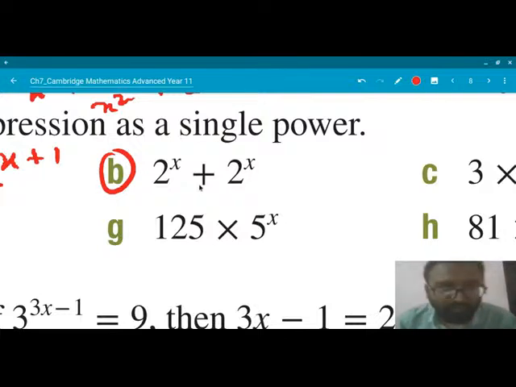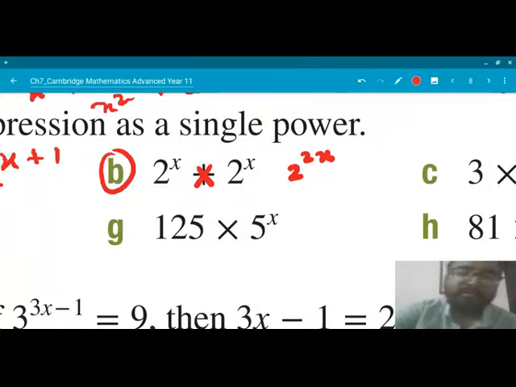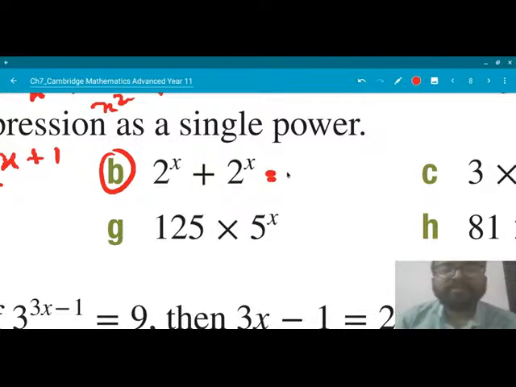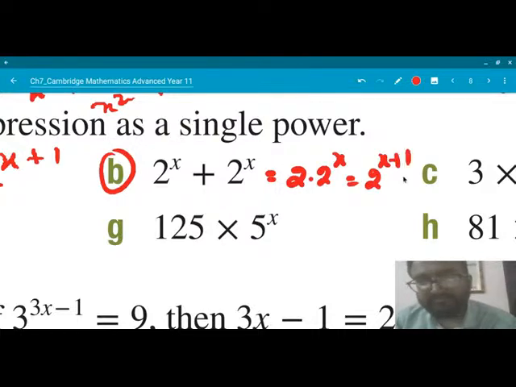If it is product, then you can do it's 2 power 2x. Okay, it is wrong. So it is plus. So a plus a is 2 times a. It is 2 times 2 power x, it is 2 power x plus 1. Clear?